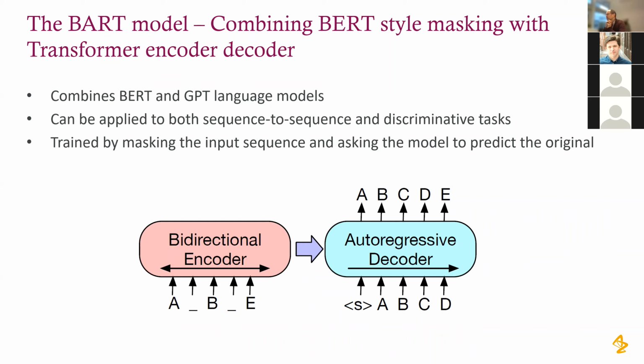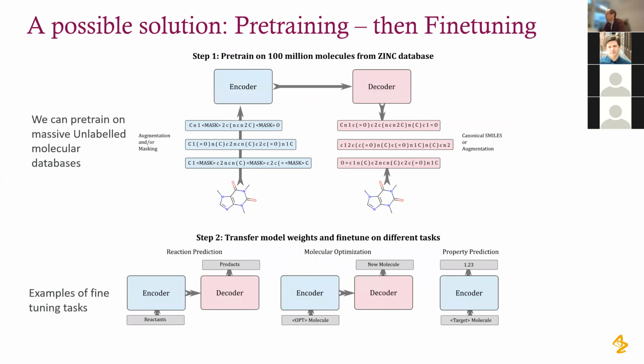It was trained by masking the input sequence, language, and then we asked the model to both generate and predict the original one. So that means we just need unlabeled samples to train this. For natural language processing, that is a good thing. You can go to Wikipedia and get a lot of sentences to train on, or we can go to our molecular database, and we actually have quite big databases with molecules.